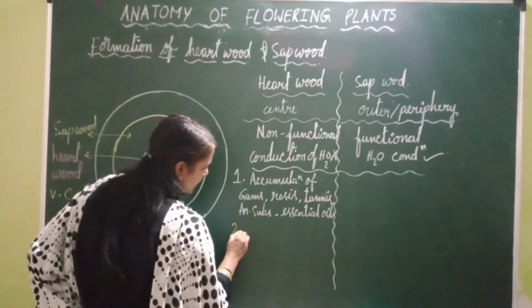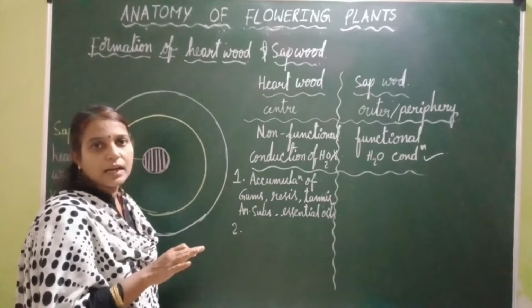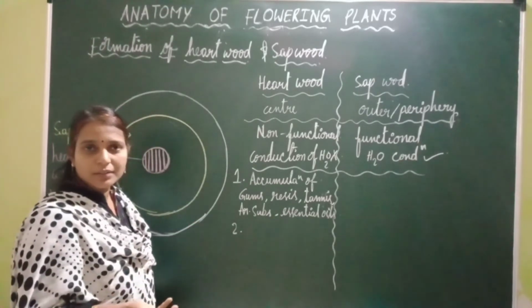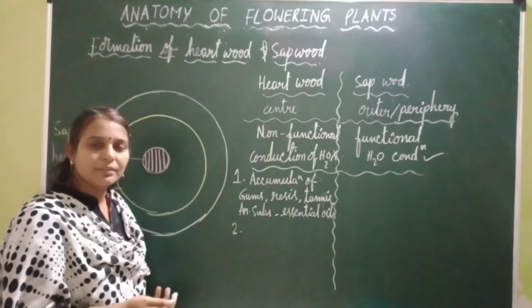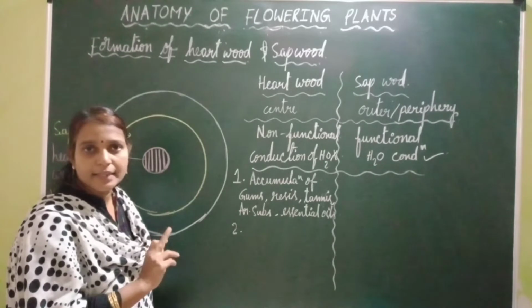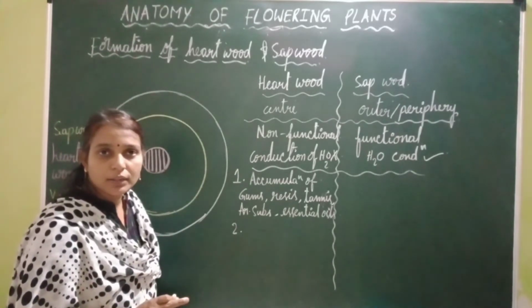And the second reason is due to the blockage of vessels present in this heartwood. Vessels are present in secondary xylem and even in primary xylem also. But here we are talking about heartwood. Why has it become non-functional and why is it not involved in the transport of water?